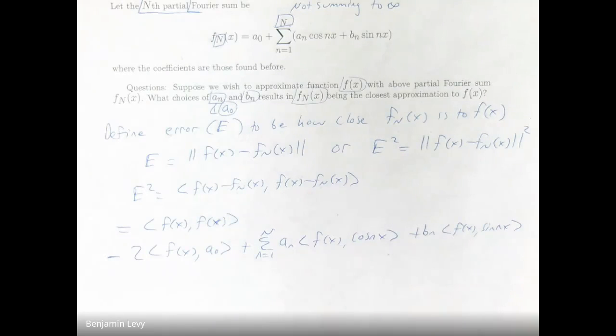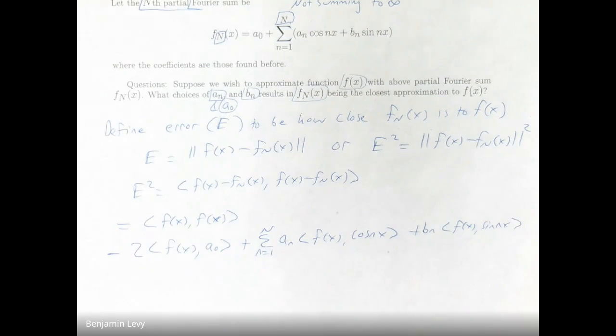So that's the second term. That's what you get when you plug in f_n and then distribute it with the f. You get the f with all the coefficients: the f with the a0, the f with the a_n, and the f with the b_n.